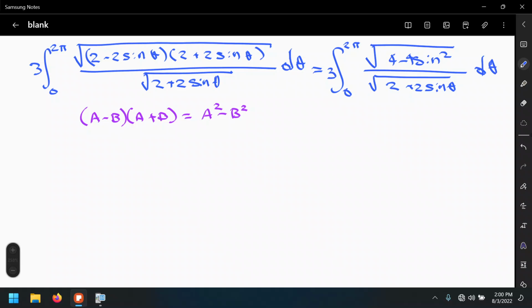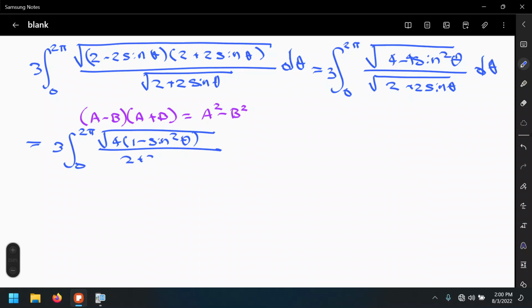Now we have a common factor in the radical in the numerator. That is 3 times the integral from 0 to 2 pi of the square root of 4 times 1 minus sine squared, over 2 plus 2 sine theta.